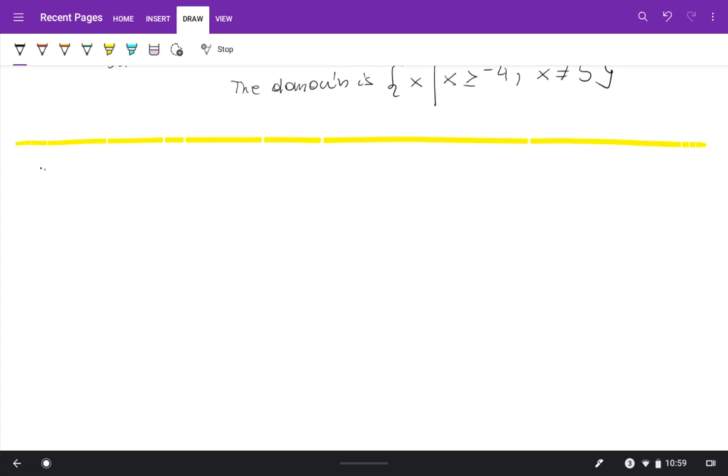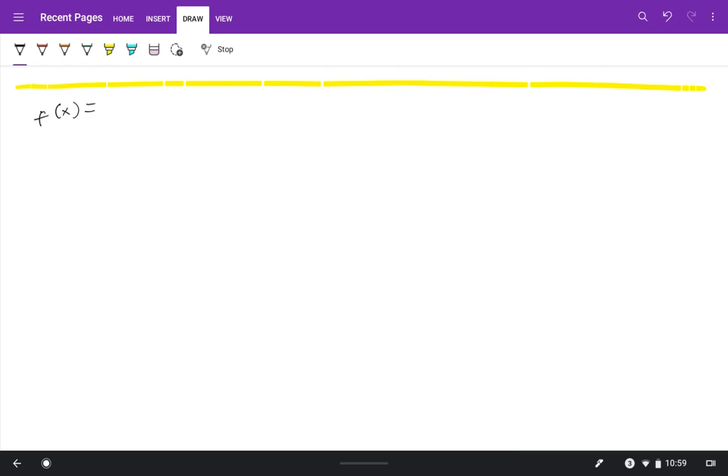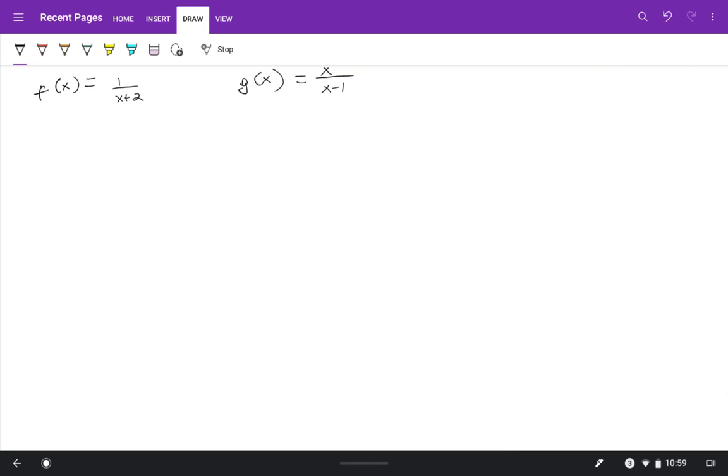We have again f of x equal to 1 over x plus 2. g of x is equal to x divided by x minus 1. Okay. And we have to find part A, they ask you to find f plus g of x, which means the sum.